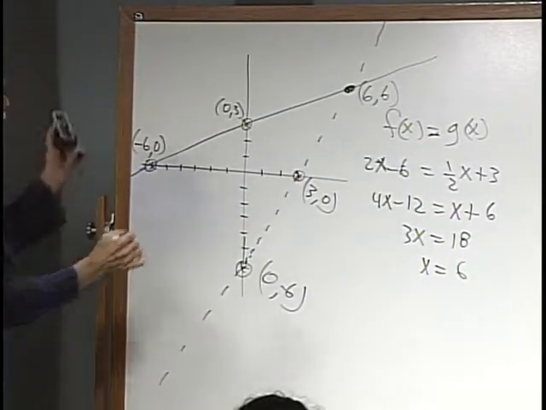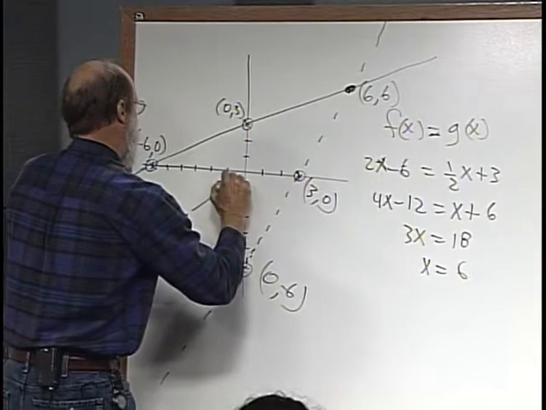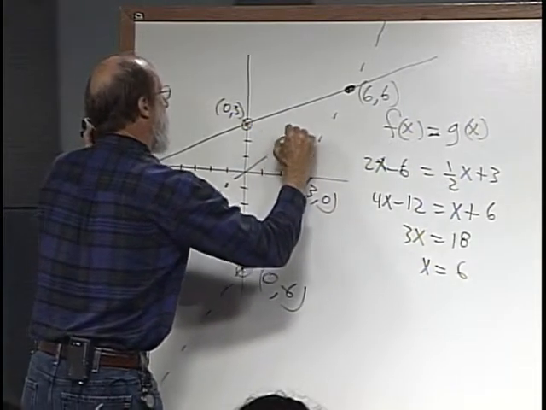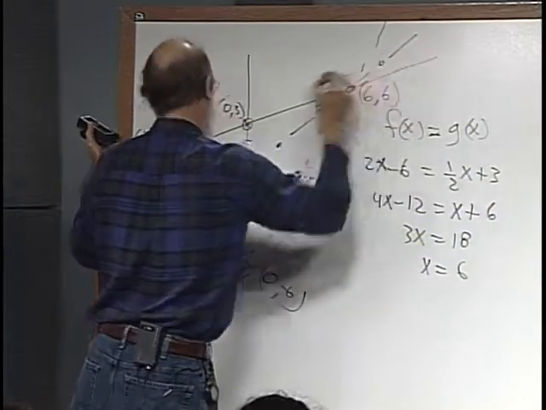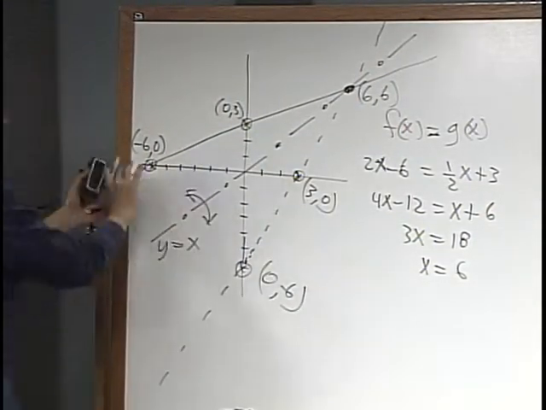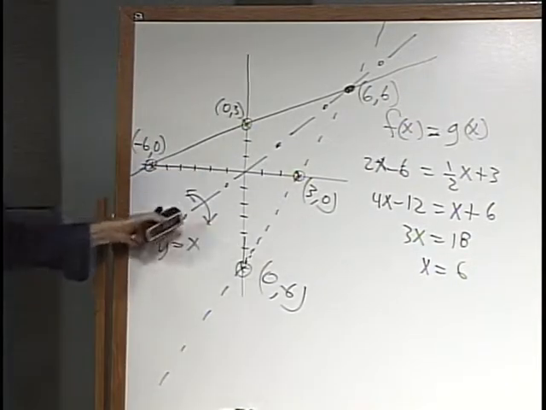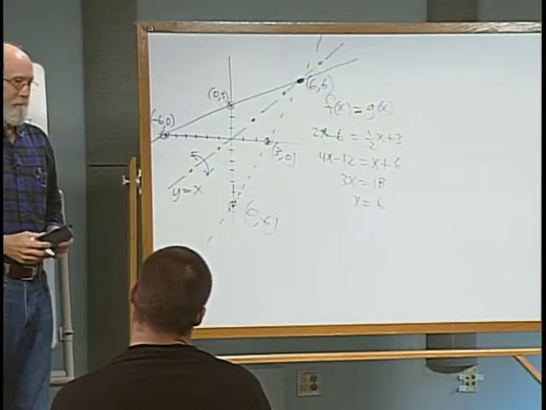And I think you can clearly see that if we would draw in here the line y equals x, you can see clearly that one graph is the roll of the other across the line y equals x. Okay.